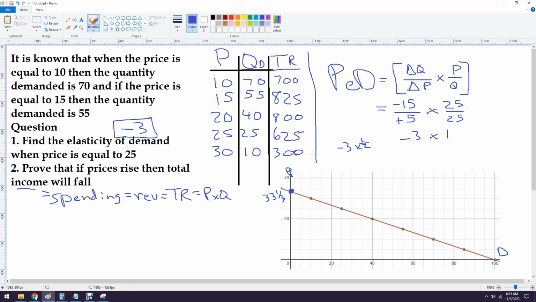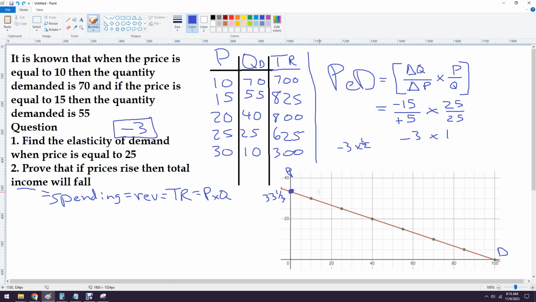This is 300. So if prices rise, we're going from here to here. If we raise the price from 25 to 30, total income will fall, right? Even if I chose a price like 27 or something, it would be in between there. We're talking about these prices here. So that means we're in the elastic range.